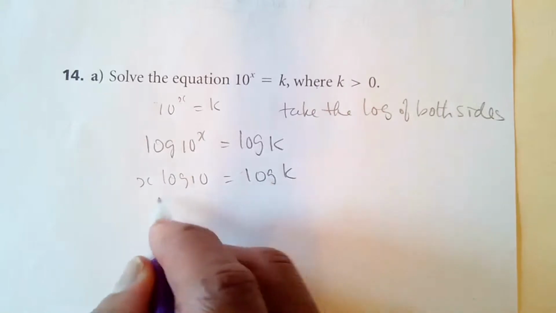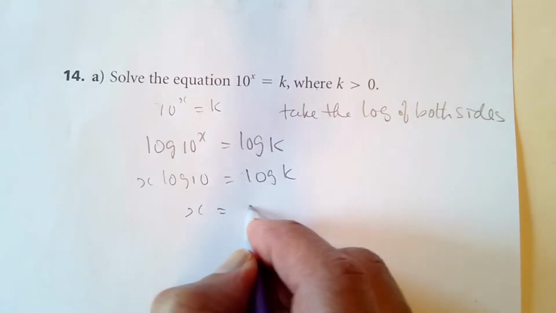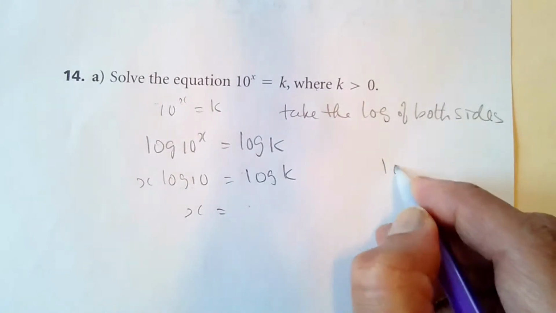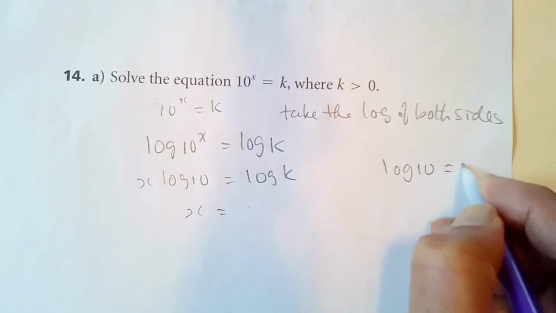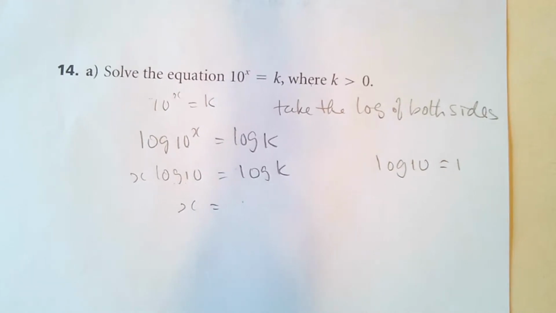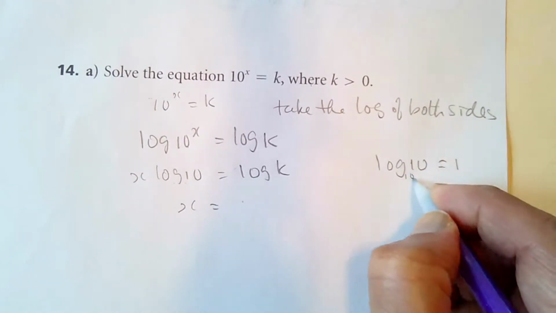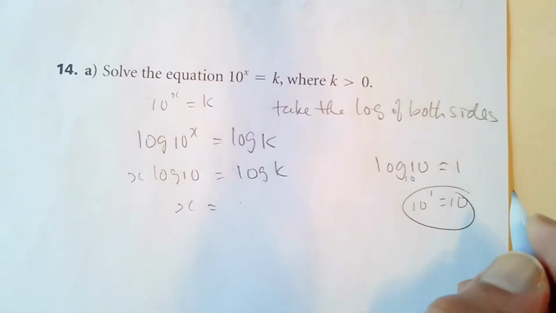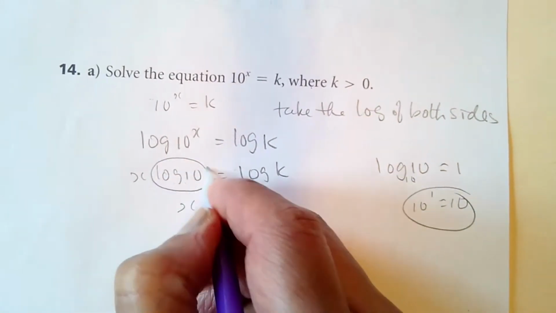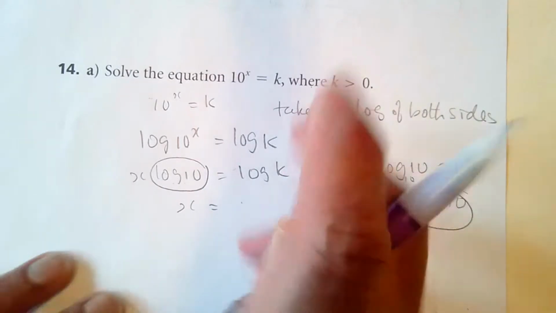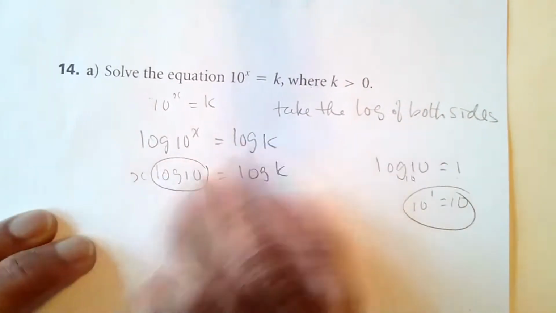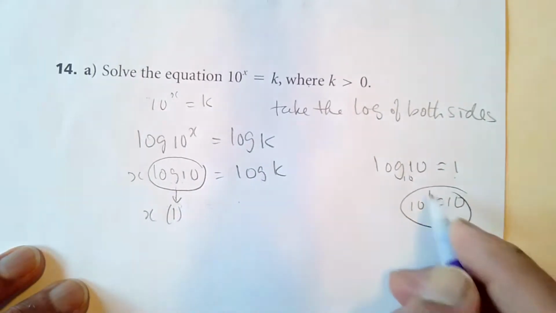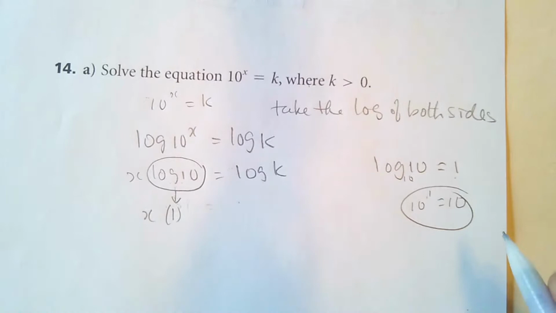Okay, so we have x is equal to, now, we know that log 10 is equal to 1, right? Because remember, the base is 10 here, so 10 to the power 1 is equal to 10. So this here is equal to 1. So this is equal to 1 times x, right?